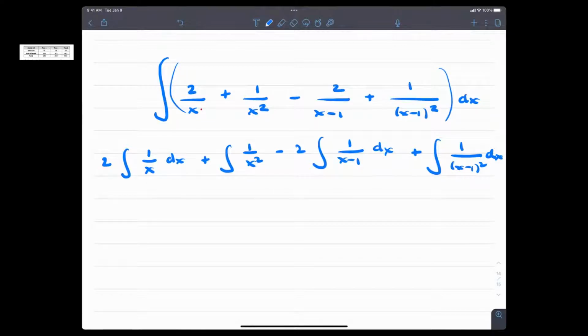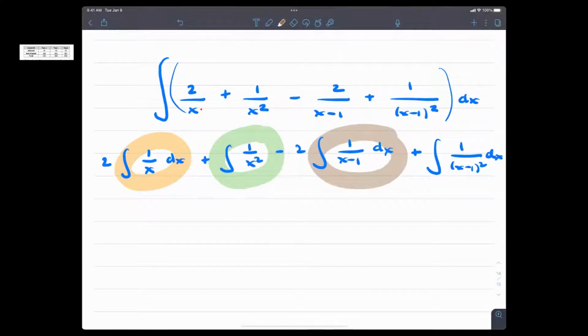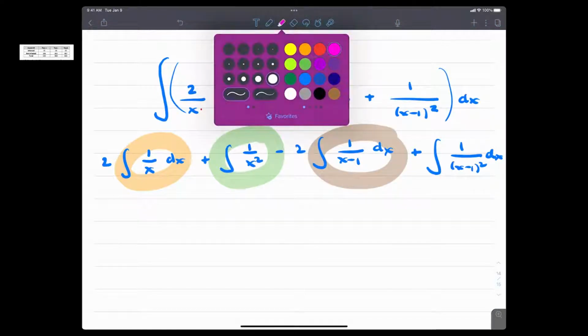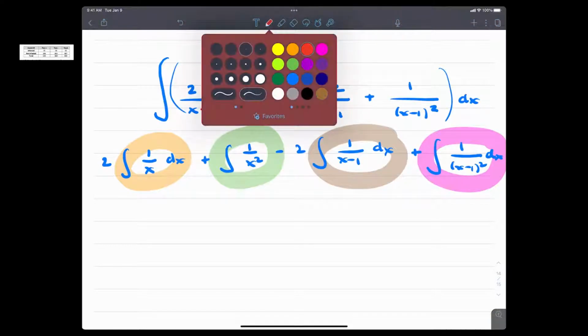So how many integrals is this, ladies and gentlemen? This will be 1, 2, 3, 4 integrals. 4 integrals there.